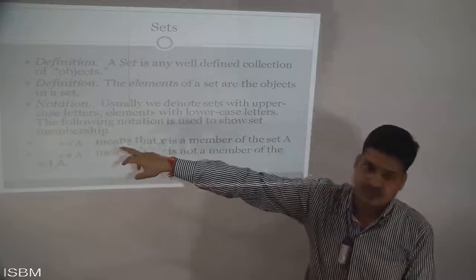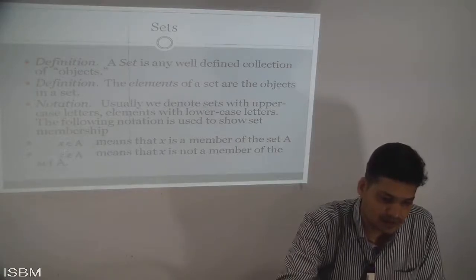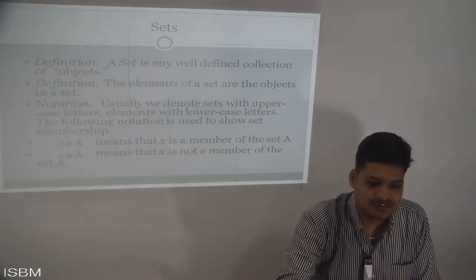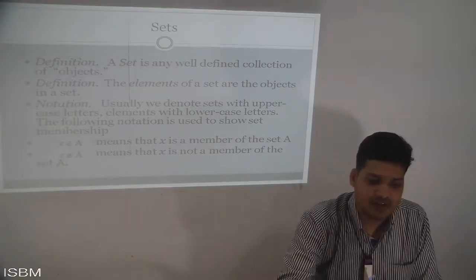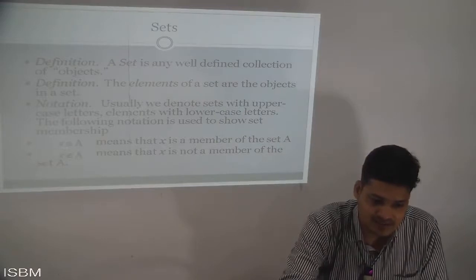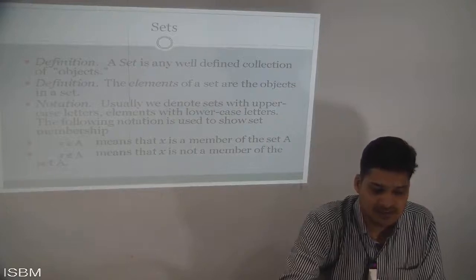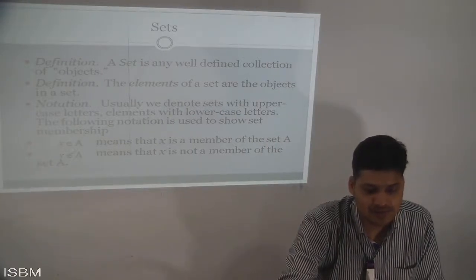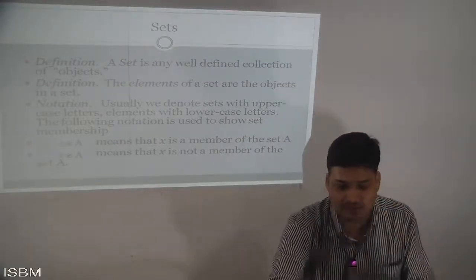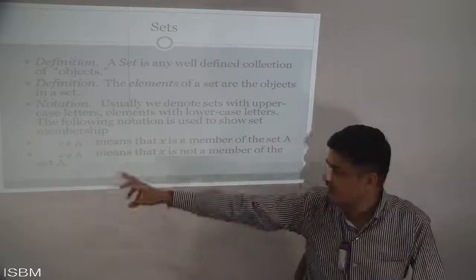This is the notation of the relationship of x with A, so we can say that x is a member of set A. This is the way we denote it. Then the second one: x ∉ A means that x is not a member of set A. This is the way we are denoting the set over here. And a set is nothing but a well-defined collection of objects.